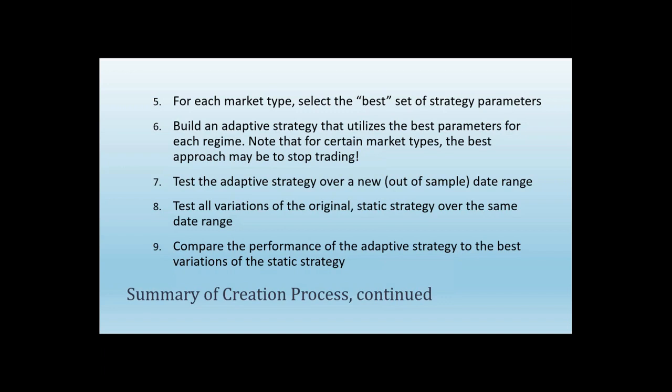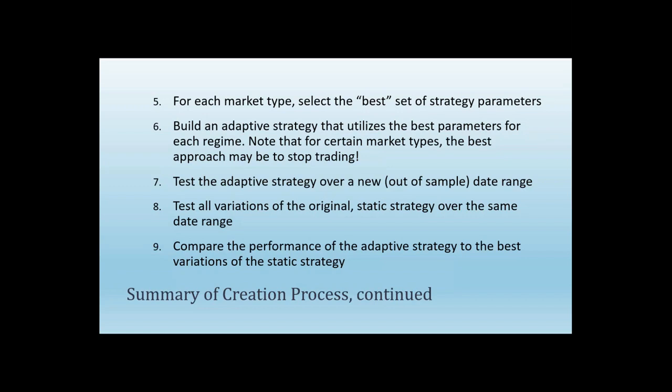Once we've built our adaptive strategy, which is going to pretty much use the same code that our initial strategy did, other than this concept of changing the threshold values for our parameters based on the market regime, we're going to test our new adaptive strategy over a new date range. So in the example we look at tonight, our base time frame is going to be 2000 through 2012, and then after we've created our adaptive strategy, we're going to retest it on the range 2013 through the end of 2017, just to keep it in whole years.